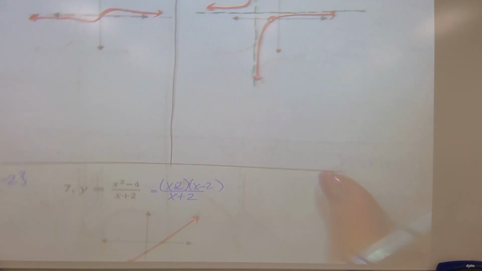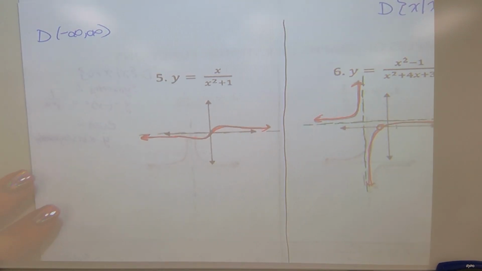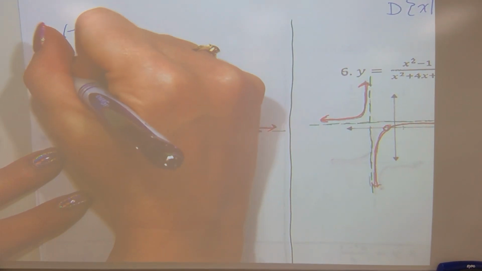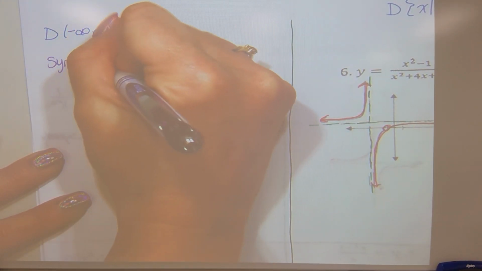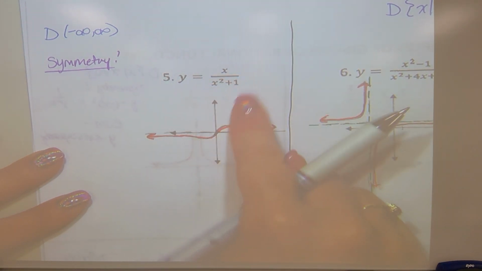All right, let's look at symmetry for numbers 5, 6, and 7. Can you predict what's going to happen here when I check symmetry for number 5? If I plug in that negative x, my numerator is going to change, the denominator doesn't.